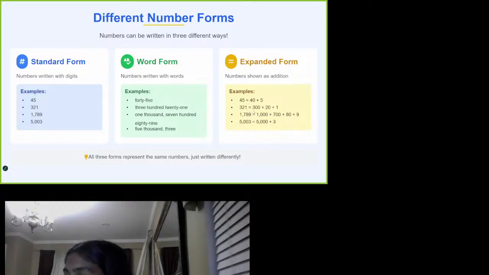And it's the same for the next numbers, which are 300 plus 20 plus 1, and 1,000 plus 700 plus 80 plus 9, and 5,000 plus 3. These are all the same numbers, but they're written differently to show you the positioning of numbers and words.